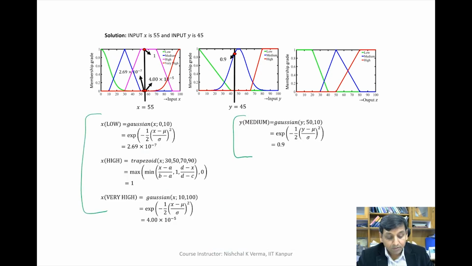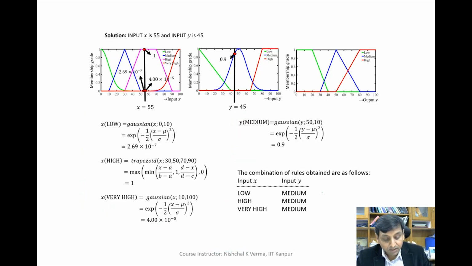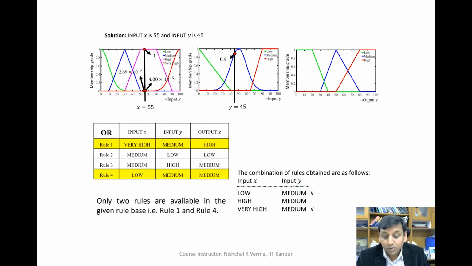We have high, medium and very high, medium. Now let us check whether these combinations exist in the rules that are provided.